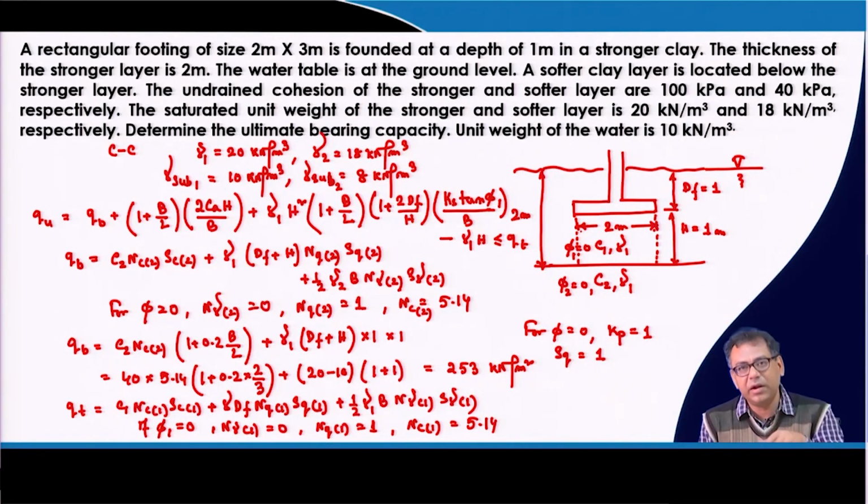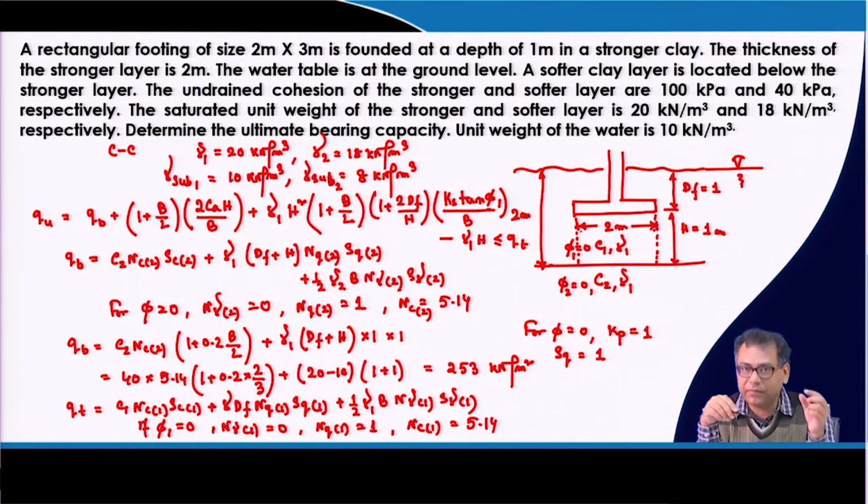That is why we always take B, either for a top layer or a bottom layer. That is why during QB calculation also we have taken B, and as I mentioned, H. When I calculate the QB for the bottom layer, the footing depth will be df plus h.